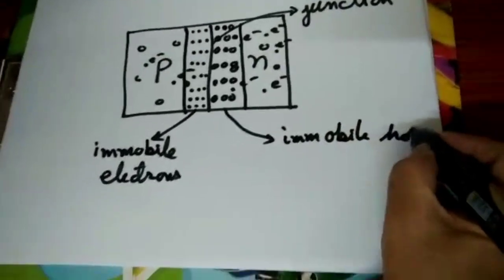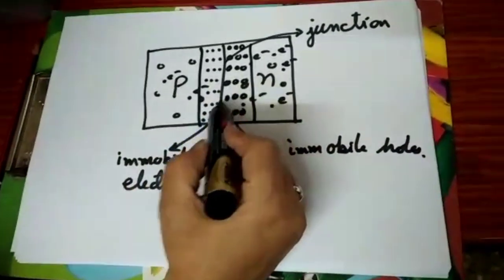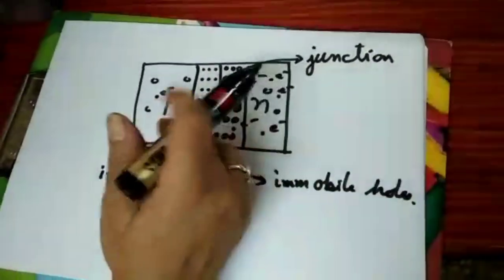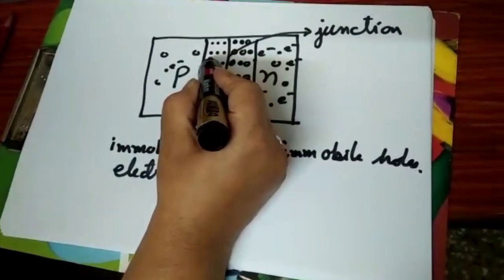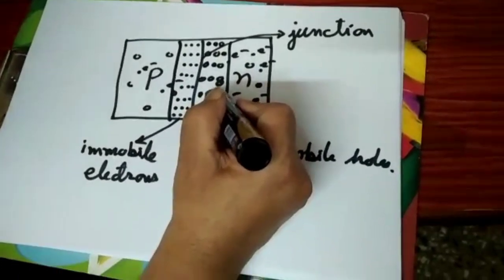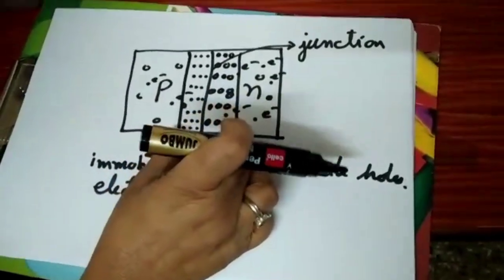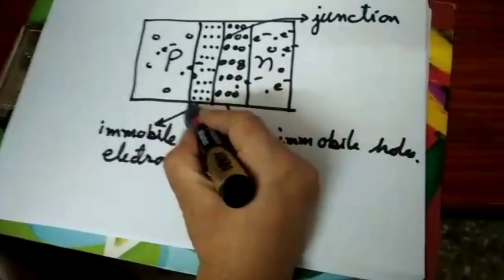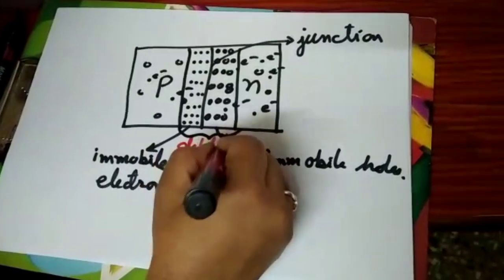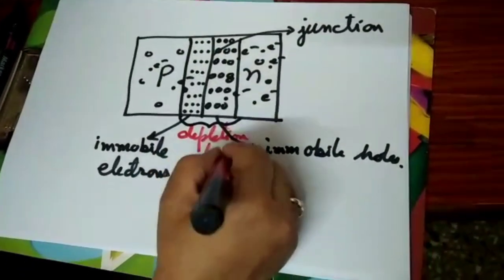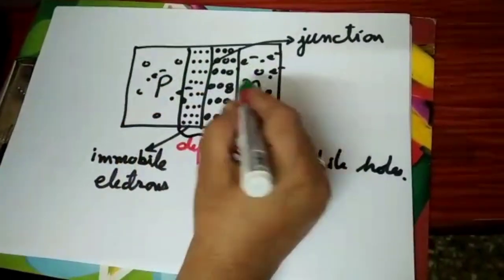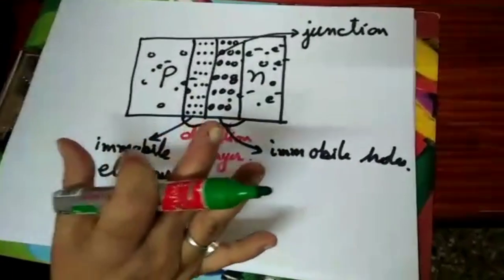Immobile holes. Now, due to this low energy area, there will be some potential. The negative potential will be here due to the immobile electrons, and positive potential will be here. But due to the formation of this portion, which is known as the depletion layer, the further movement of holes and electrons ceases, stops.